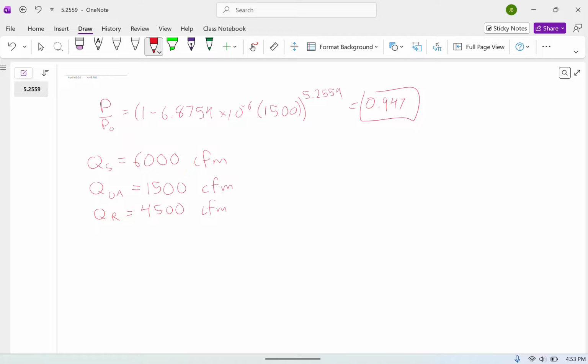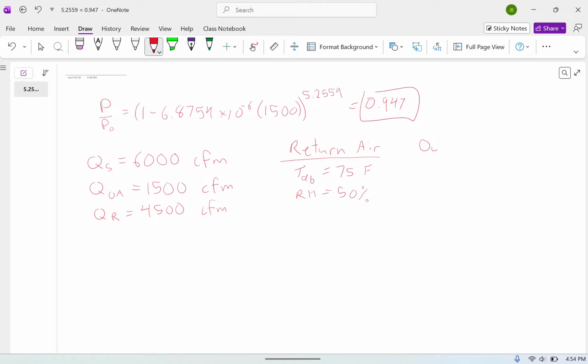So our next step is to do the mixing calculations of our outdoor air and our return air at these relative airflows. We'll assume our air in our space, which is our return air state, is at a fairly standard indoor air condition: a dry bulb temperature of 75 Fahrenheit at a relative humidity of 50%.